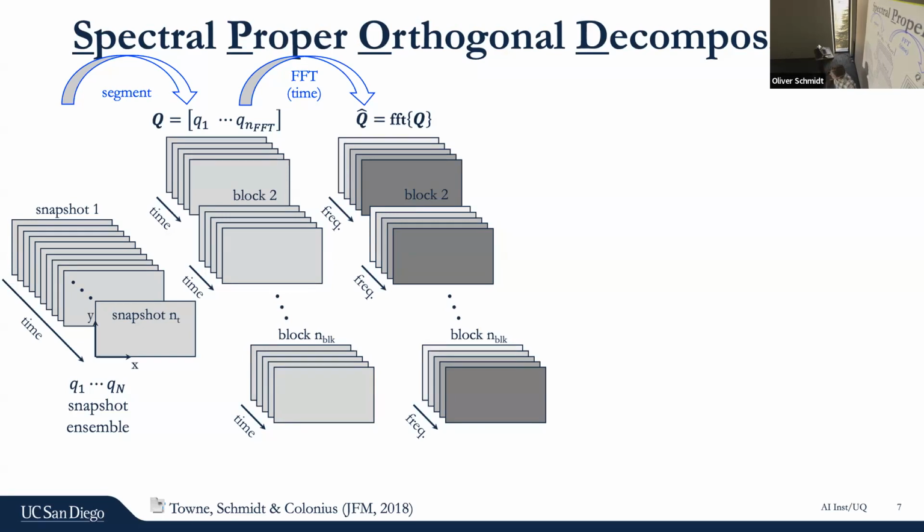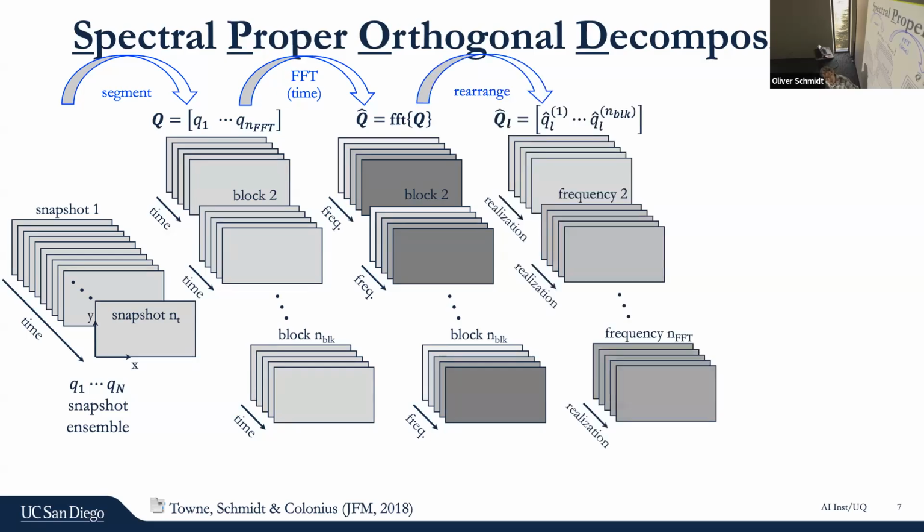And now we argue that if everything is nice and ergodic and wide-sense stationary, each of these represents an independent realization of the Fourier transform. So what we do now, we just do a good old POD. We just rearrange things a little bit. We just build data matrices for each frequency. I'm taking the third frequency out here, the third bin, and I'm putting it into one.